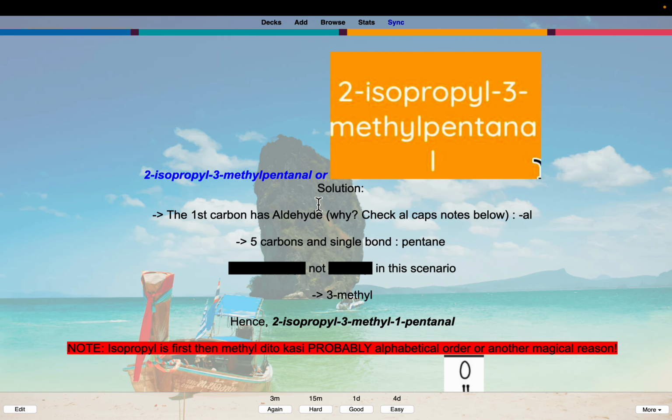Important additional information. Propyl looks something like this. Isopropyl looks something like this. R is the parent chain, I suppose. So this is just an attachment. This is not the parent chain itself. Let's compare this.